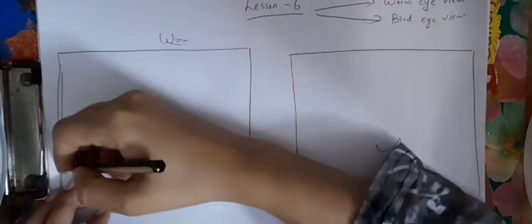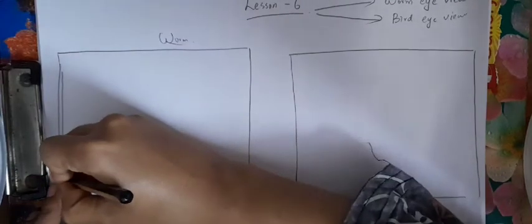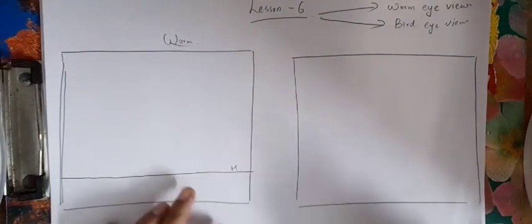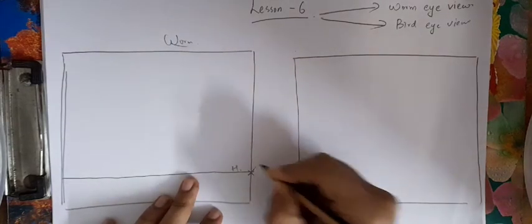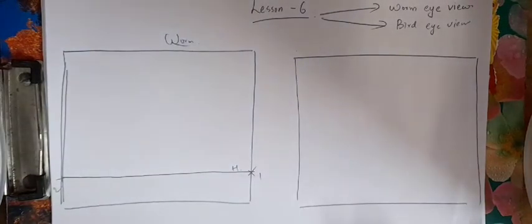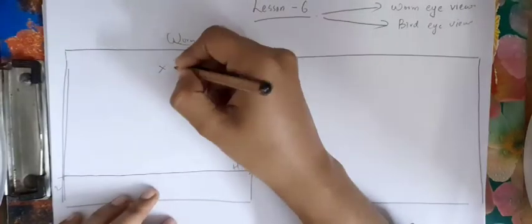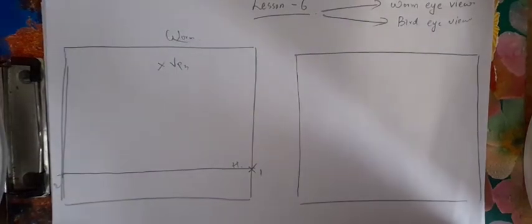For a worm, its horizon will lie almost here. So I'm drawing the horizon, or eye level, for the worm, and then fixing the vanishing points VP1 and VP2, here and here, and VP3 here. For an ant, more than the ground, what is visible in a bigger area is sky.